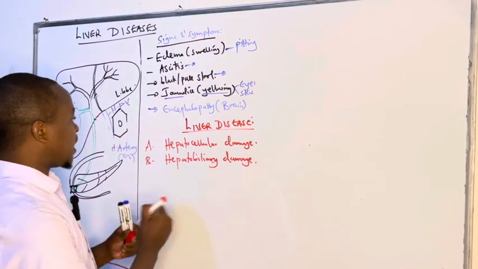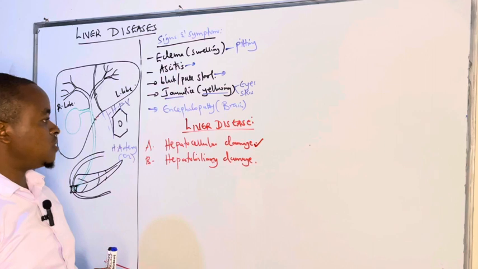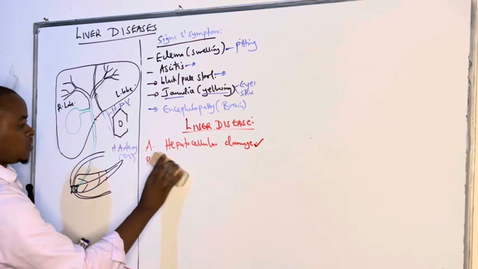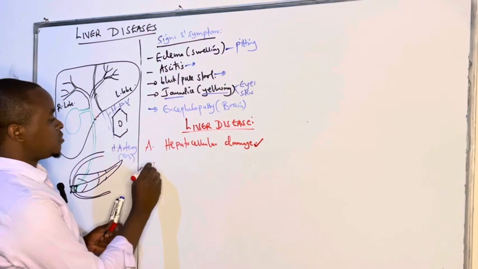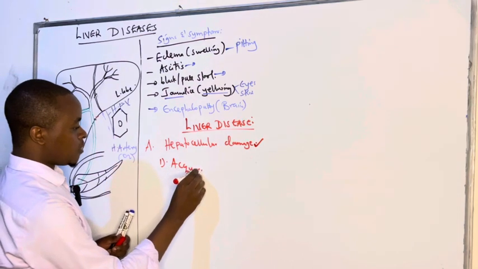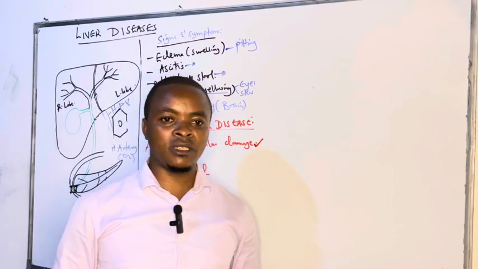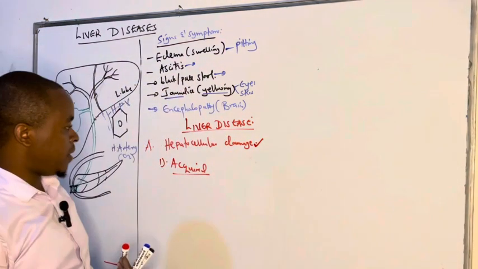And we are going to start with those that cause hepatocellular damage. And they are also categorized into two, whereby one we have acquired. Acquired, meaning you don't inherit them from your parents, or you're not born with them, but as you grow, you acquire them.